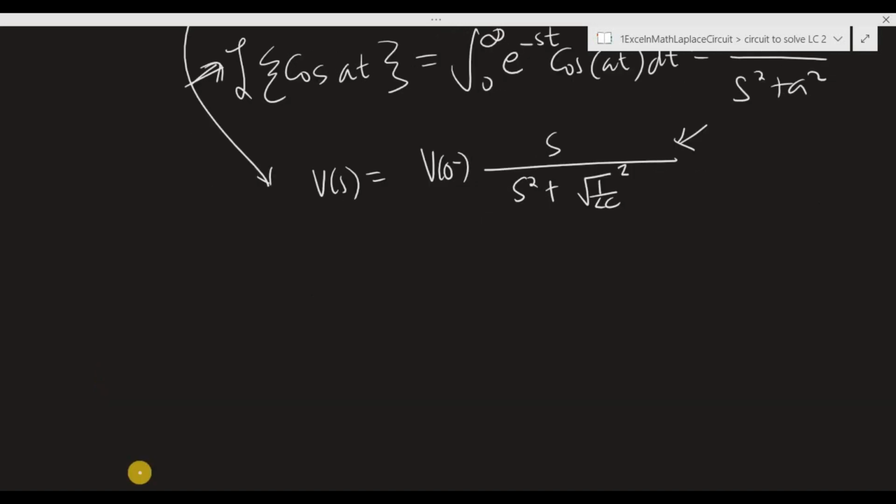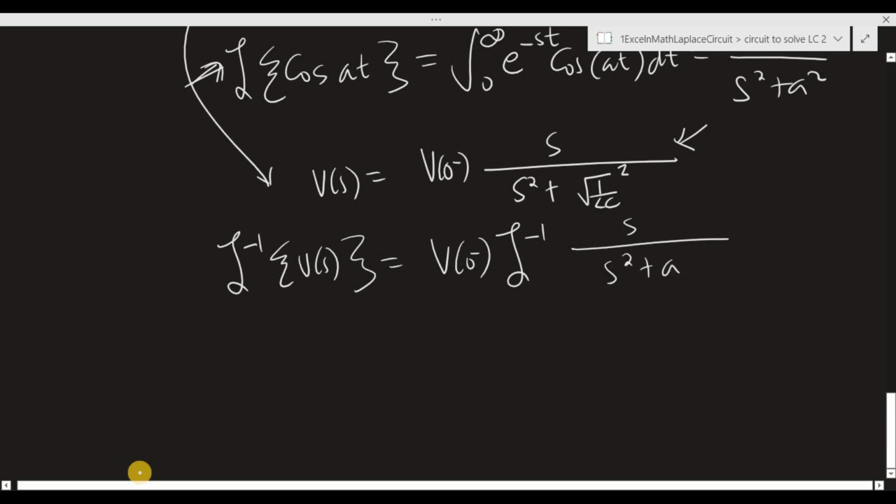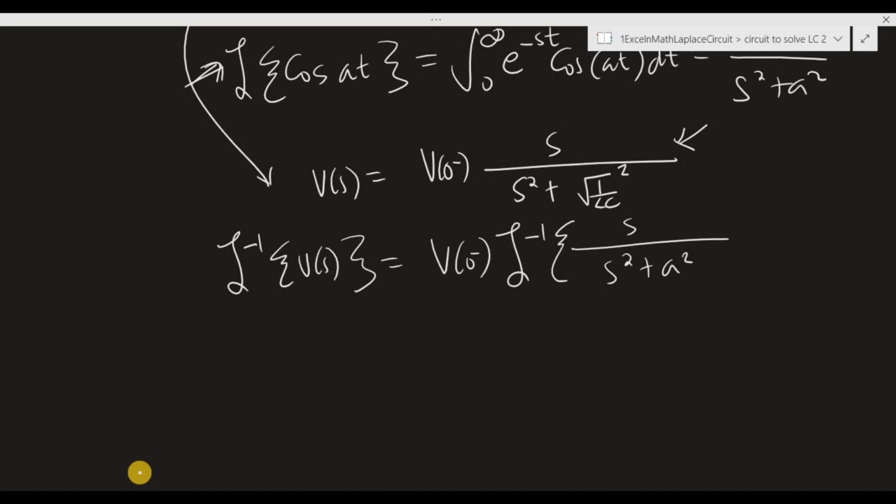Okay, now let's take the inverse Laplace transform on both sides. We have the inverse Laplace transform of V of S is equal to V0 minus multiplied by the inverse Laplace transform of s over s squared plus a squared, and we need to put the bracket here.